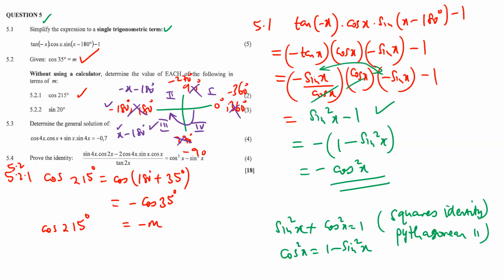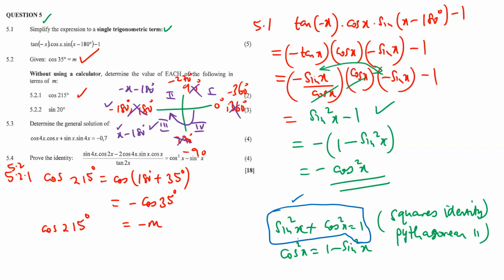Why couldn't I have written cos squared x straight after the sine squared x minus 1? That's a good question. I actually thought students would think that way, and that's the reason why I went to this identity here. What does this identity say?